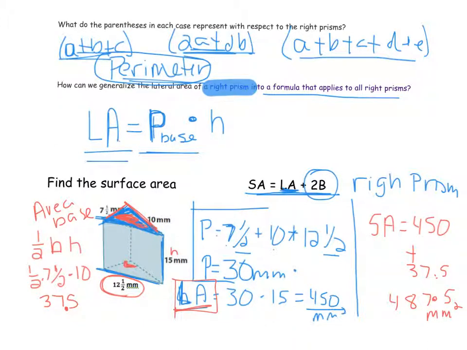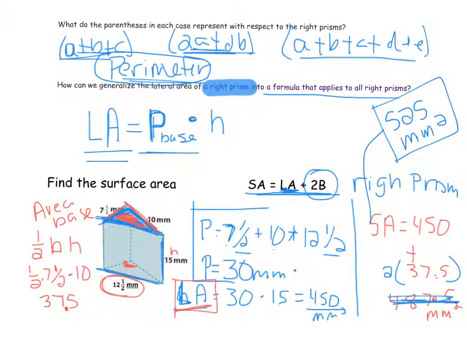So I really need to add in another 37.5, or I could do this. So 450 plus 2 times 37.5 to get a new total of, and I'll write it up here, sorry this is so messy, 525 millimeters squared. So don't make the mistake that I just made as I was making this video.